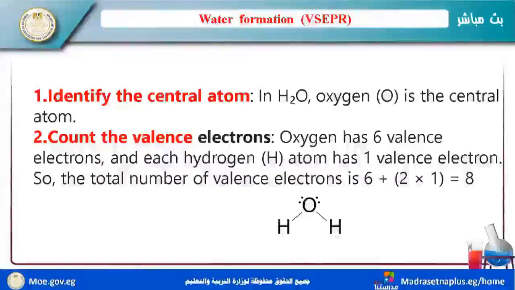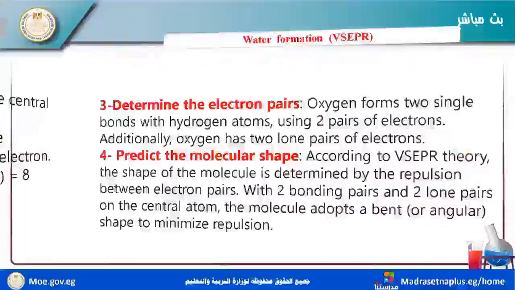Count the valence electrons. Oxygen has 6 valence electrons, and each hydrogen atom has 1 valence electron. So the total number of valence electrons is 6 plus 2 times 1 equal to 8. Now the shape is angular. We have 2 lone pairs and 2 bond pairs.